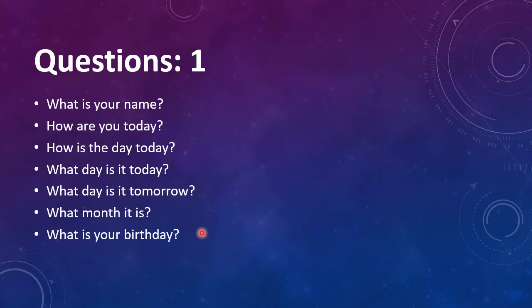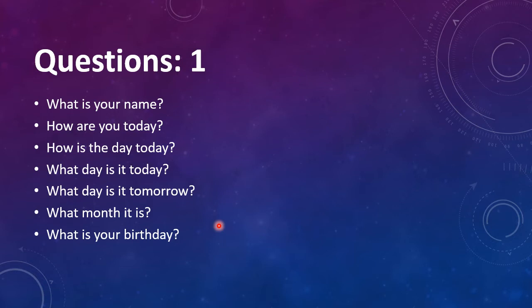Next is what is your birthday, or simply when is your birthday. Now this question you need to understand that when somebody asks you about your birthday, you just tell the day and the month, not the year. For example, your birthday is on 25th of March 1990, let's say.